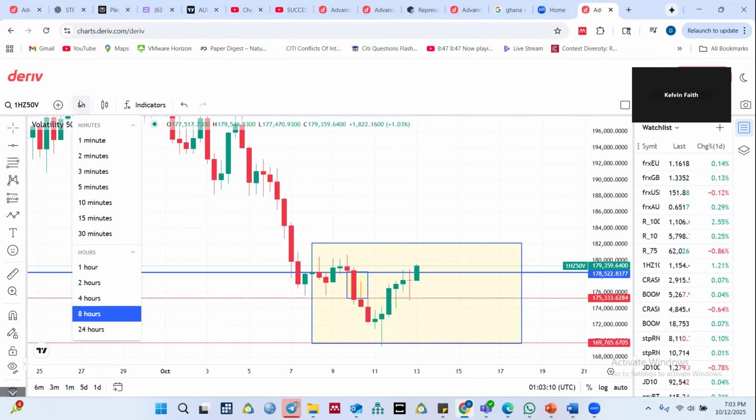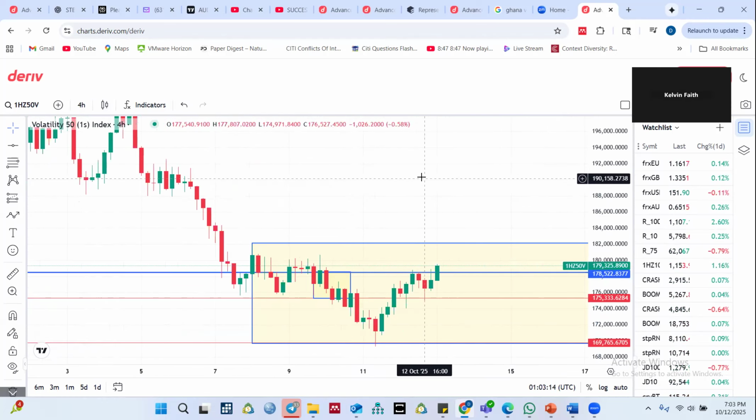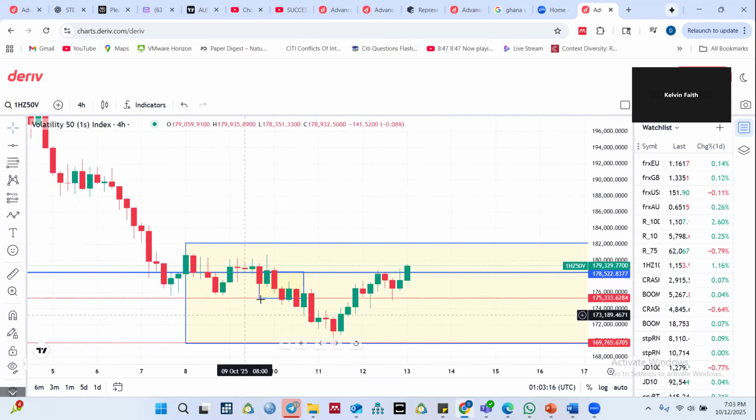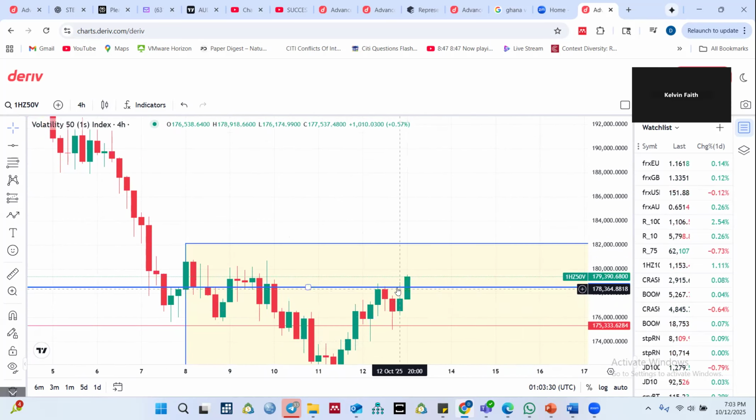Let's move to the 4-hour and see what is happening. So on the 4-hour, we tested price as it was going up, closed above the red line, hit the blue line exactly, dropped to retest the red line, stayed above, pushed to hit the blue line.